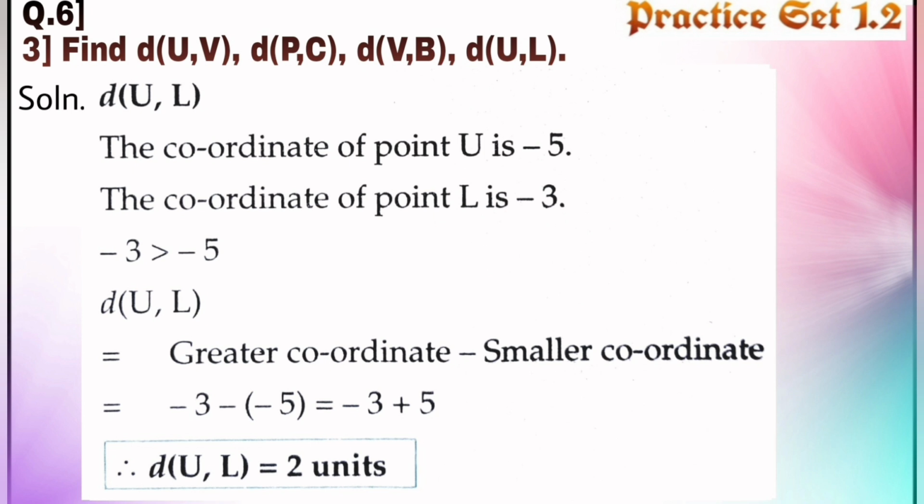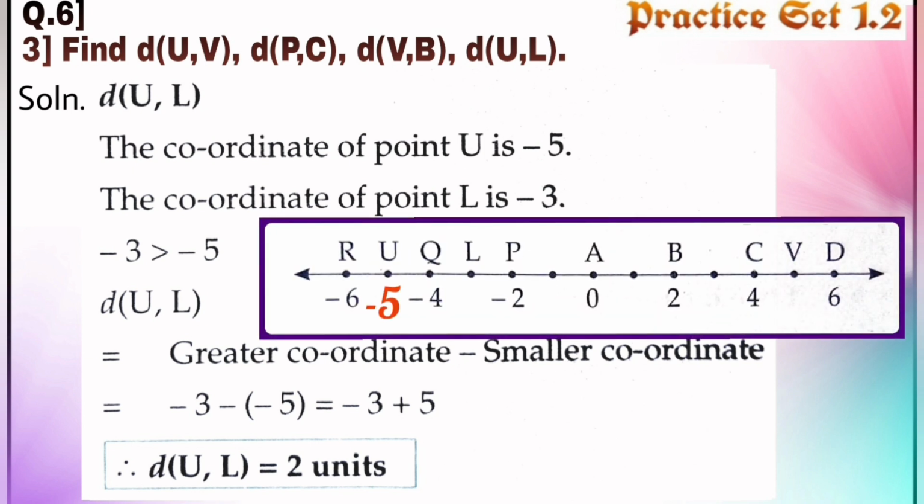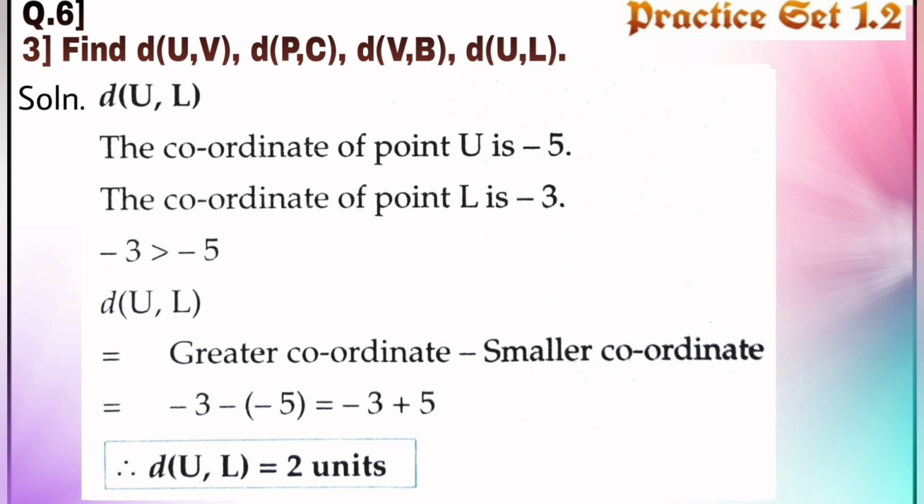Next, the distance between point U and point L. The coordinate of point U is -5. The coordinate of point L is -3, and here -3 is greater than -5 because both are negative numbers. Therefore, the distance between U and L is equal to greater coordinate minus smaller coordinate. The greater coordinate is -3, the smaller is -5.